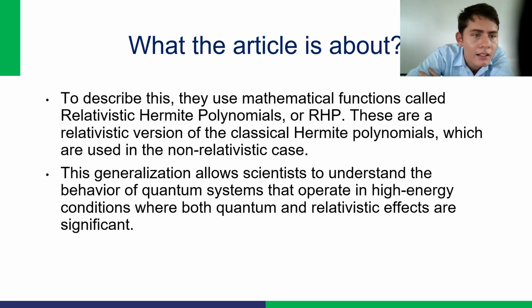These are a relativistic version of the classical Hermite polynomials which are used in the non-relativistic case. This general relation allows science to understand the behavior of quantum systems that operate in high energy conditions where both quantum and relativistic effects are significant.